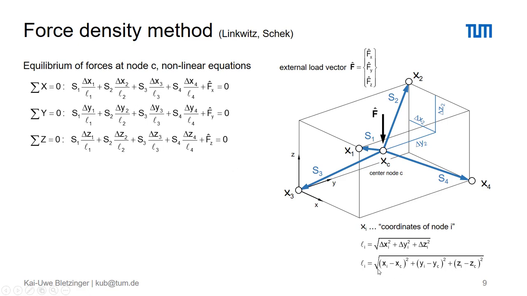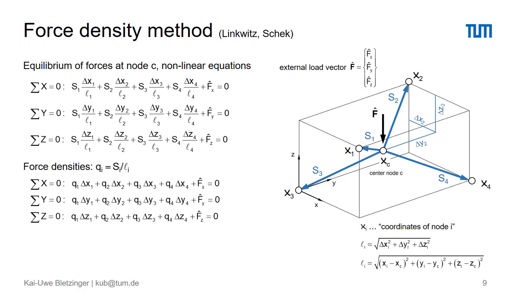It's simply the Pythagoras formula applied to the differences in coordinates. And here you see the unknown coordinates of the center node: xz, yz, and zz. To recall, all these 3 equations are even highly nonlinear in terms of these coordinates.